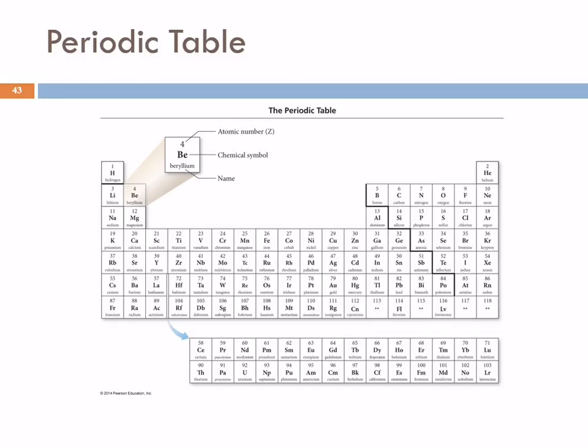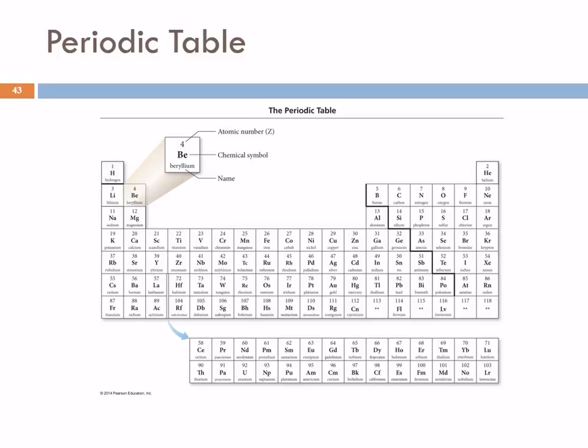On the periodic table, there is a lot of information, and we'll be learning about it as we go along. Here what we want to point out is we have the chemical symbol, that's 1 or 2 letters, and then above it is a whole number, and that is the atomic number.